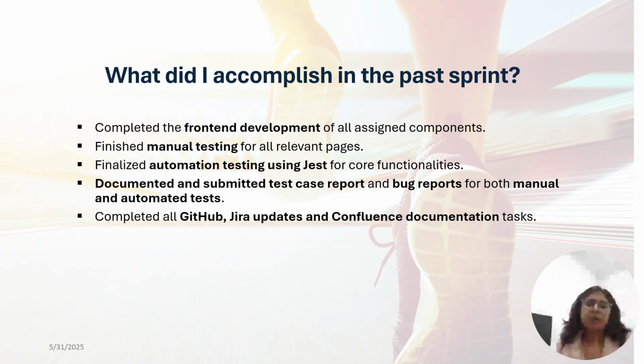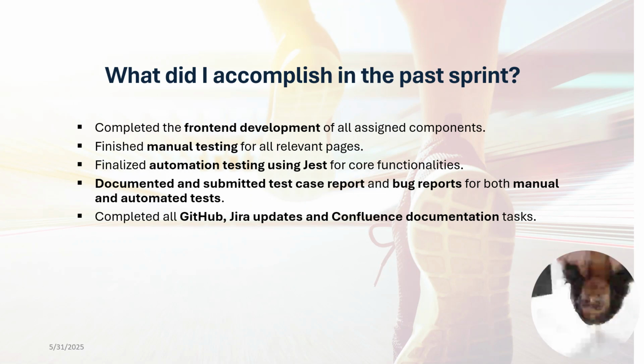Then I finalized the manual testing and the automation testing using Jest, and documented and submitted all the test case reports, bug reports, and manual and automation test cases as well. Besides, I have completed all GitHub, Jira updates, and Confluence documentation tasks.